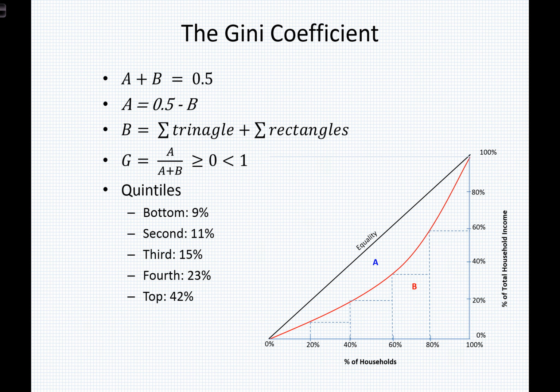Let's suppose that we have some values here that are helping us understand the formation of our Lorenz curve, that the bottom 20% of our economy has 9% of the overall income. In this case, the next 20% has 11%, so total that's 20%. The next has then 15%, so total that's 35.